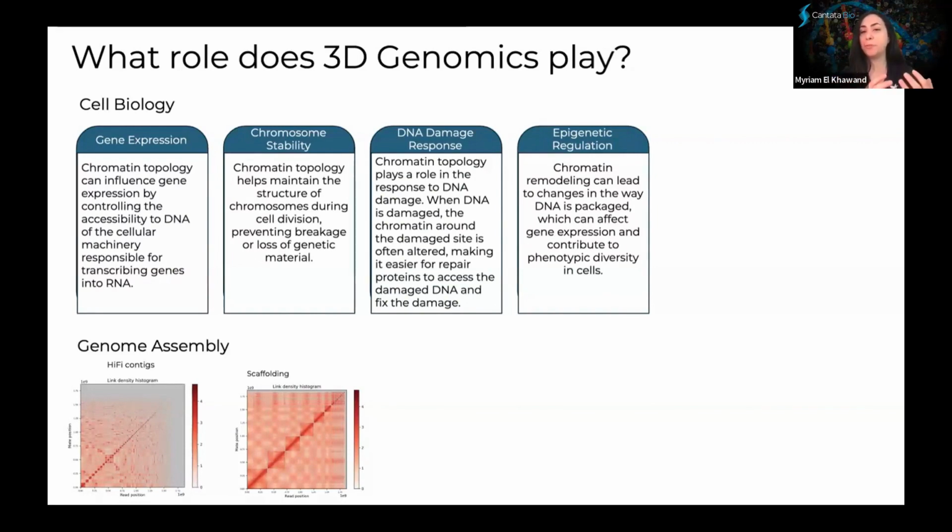And as such, this information is used to assemble sequences in chromosomes, and you can end up with a chromosome level assembly that is a platform for several downstream studies that have implications in developmental biology, evolution, conservation, and many others. So how do you study the 3D genomics?